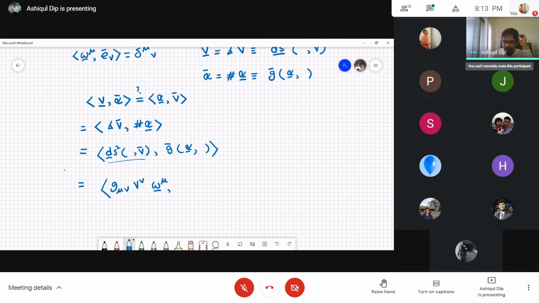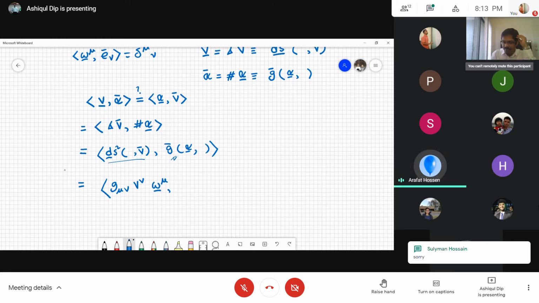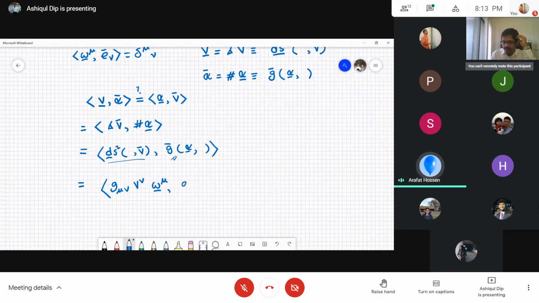And what will be the result for this part? Sulaiman, can you tell me? Okay, Arafat. Well, it will be g upper lambda rho, alpha lambda, then e rho.